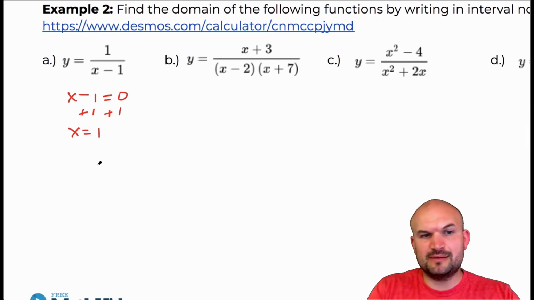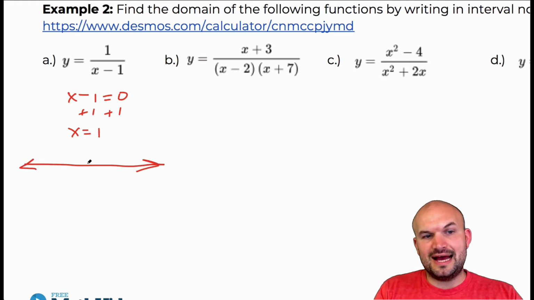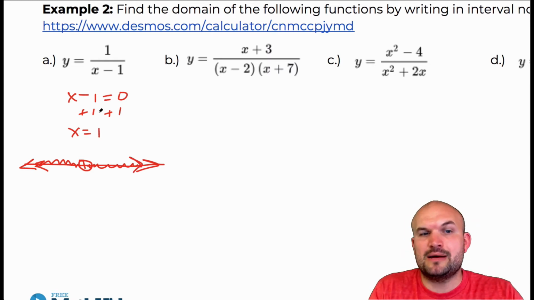So let's think about the domain. If we're going to write out a number line of this, at x equals 1, the domain is undefined. So I'm going to use an open point to represent that at 1 it's undefined. But for all other values, there's nothing wrong. We can plug in any other number we want for x. We just can't plug in 1, because when we plug in 1, that makes the denominator equal to 0.